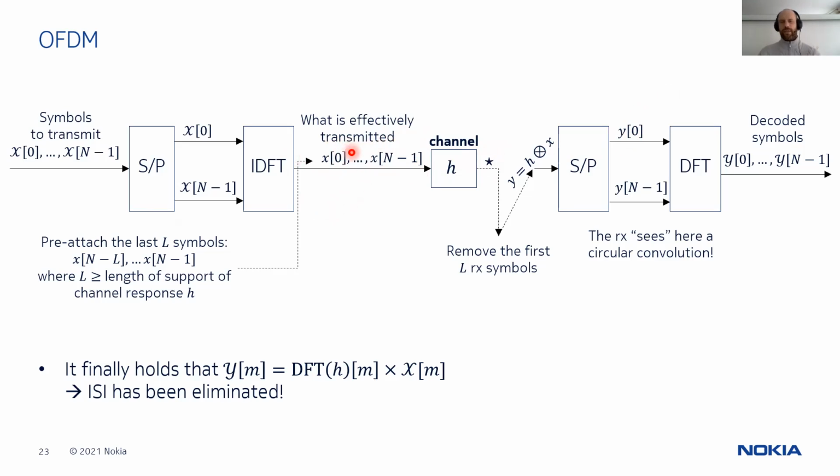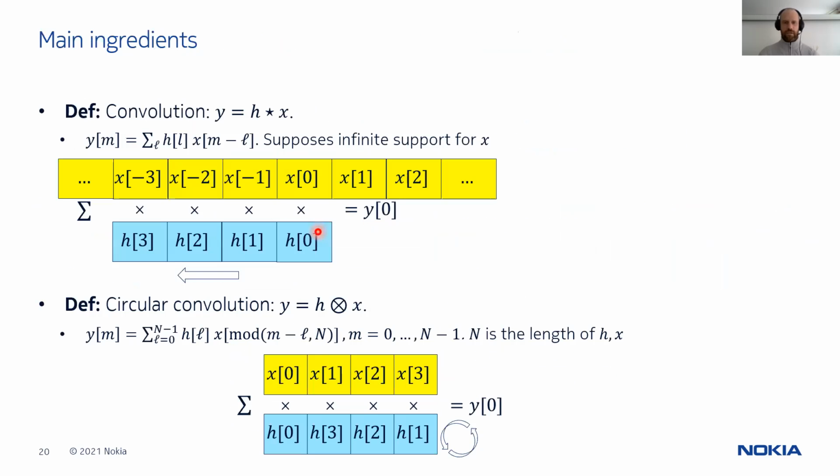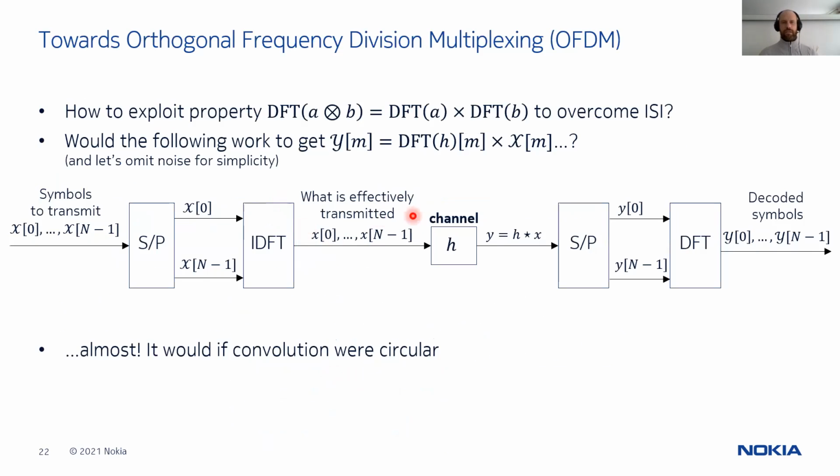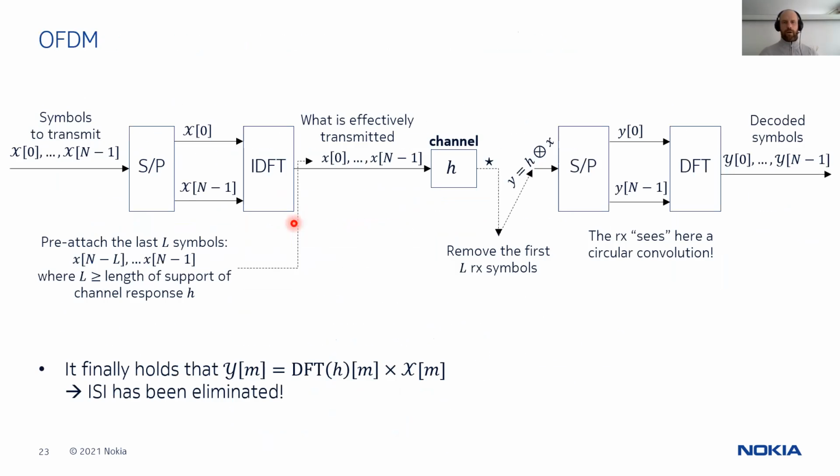So you see that it's almost what we have here: x0, x3, x2, x1. Here we have x0, x_{-1}, x_{-2}, and so on. Where I forgot to say, L is actually the length of the channel, the spread of the channel.